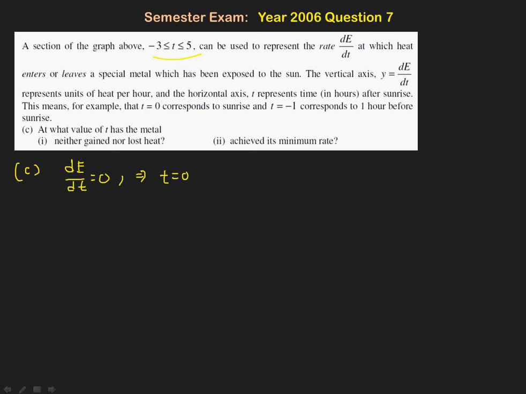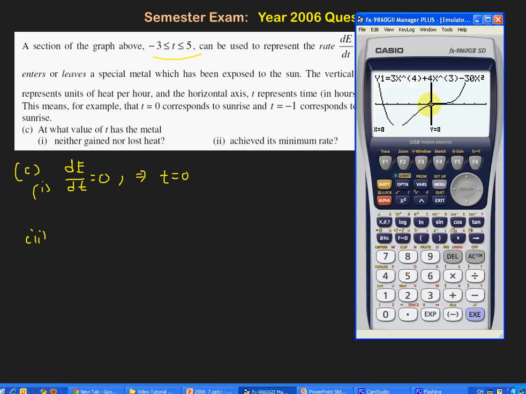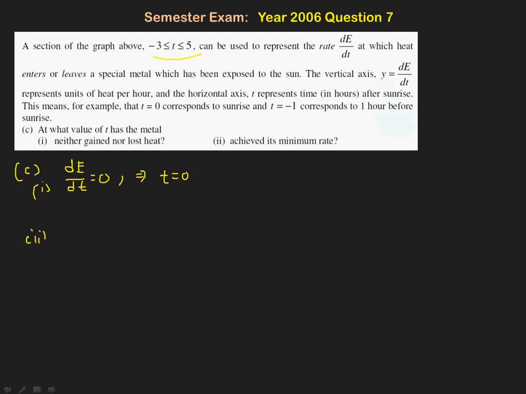And when it achieves minimum rate, clearly you can see the rate of change is lowest possible at only one point, and that's point P. So that means we're talking about when the second derivative is 0, and that is at point P, or t equals -3. Okay, so that's that. Moving on.